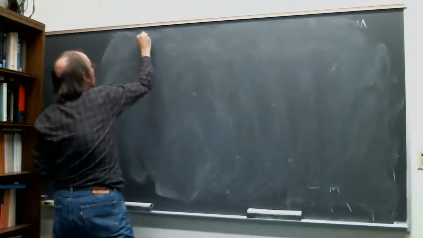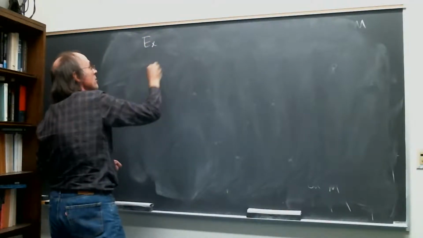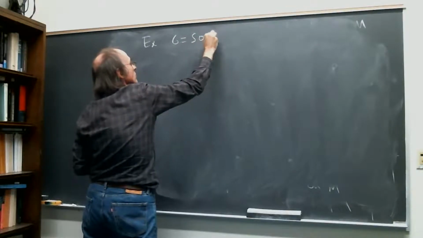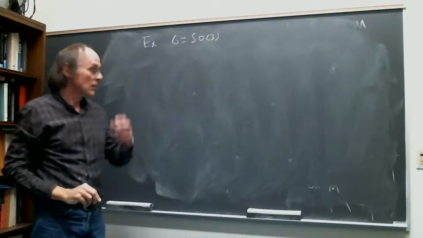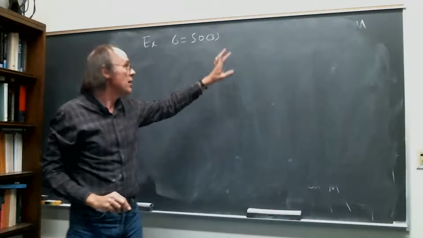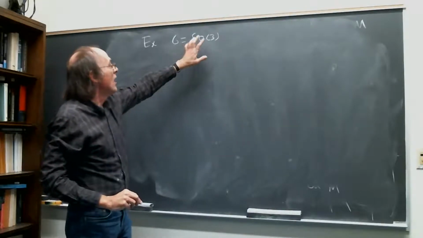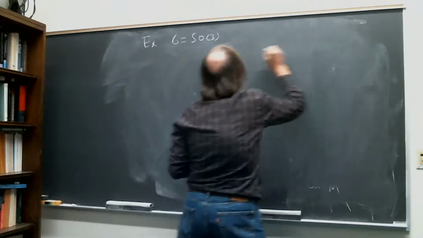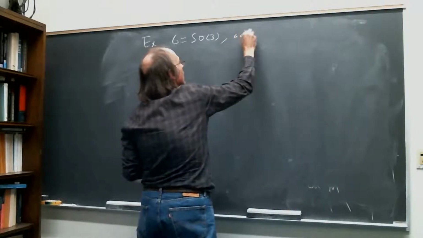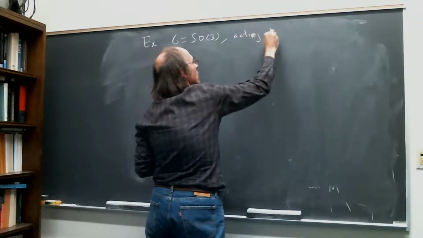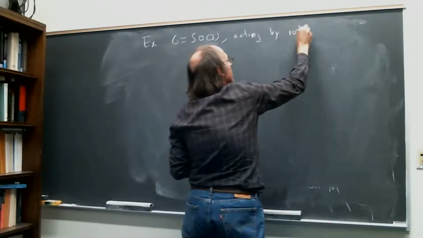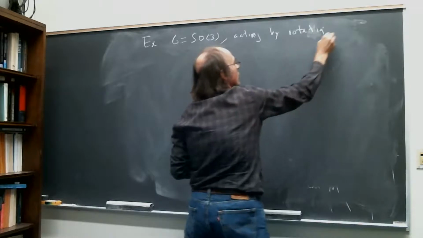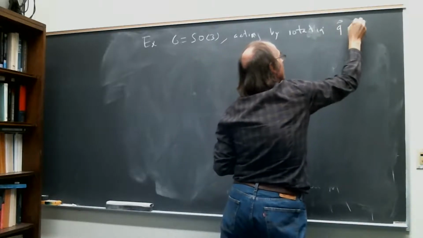The example is going to be G is equal to SO3, acting by rotating, using Q vector and P vector.